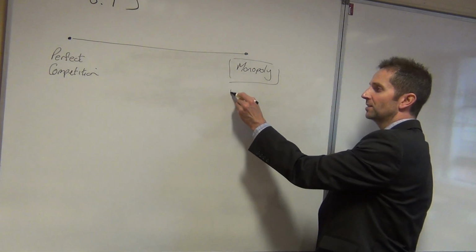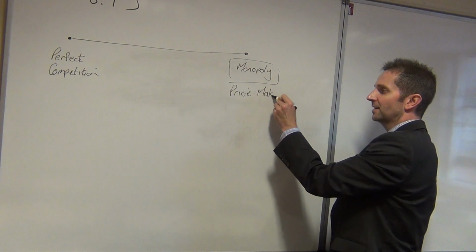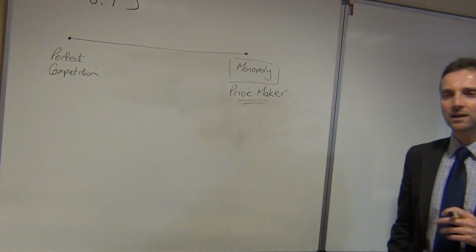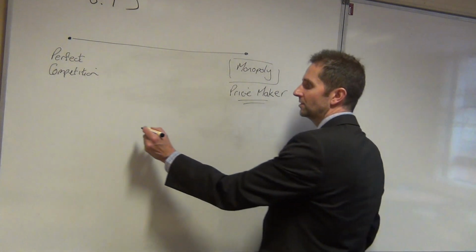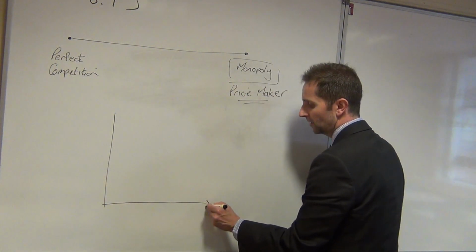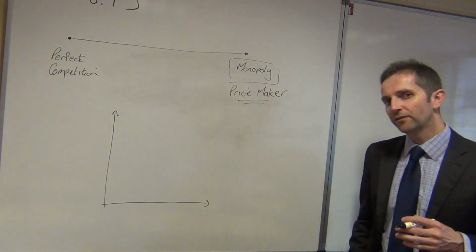And you'll remember we said yesterday that the monopolist has the ability to set the price, and therefore the monopolist is referred to as a price maker. In terms of our diagram, you'll recall yesterday we had two diagrams, one for the industry and one for the firm.